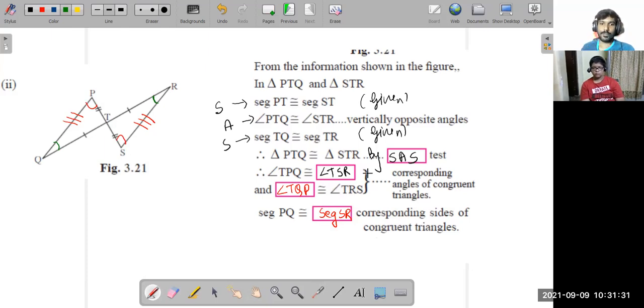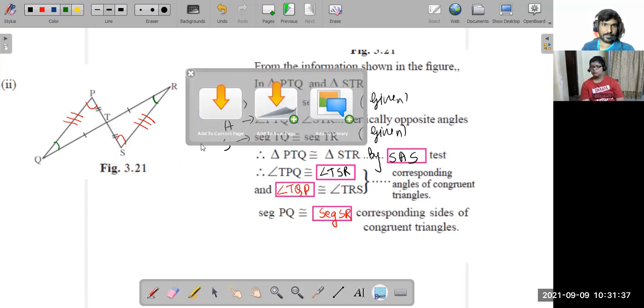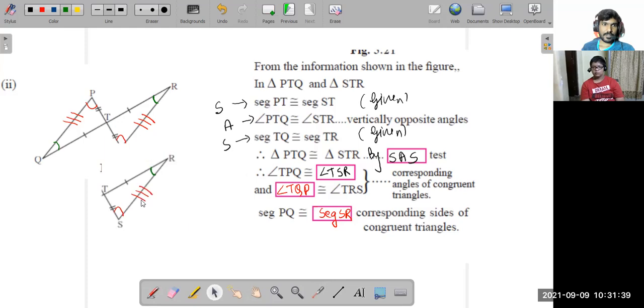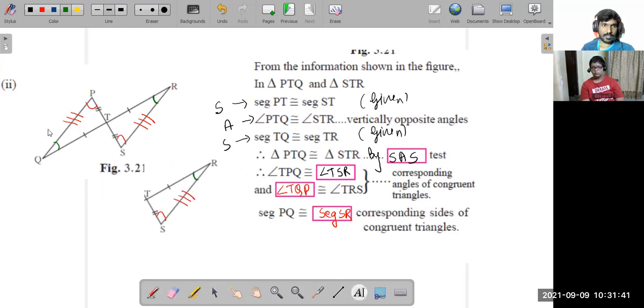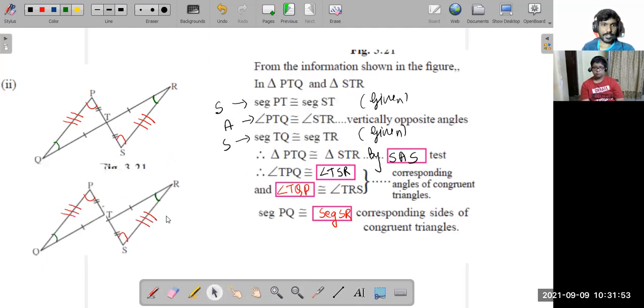Because actually, it is flipped. These two triangles, see, they are joined like this.